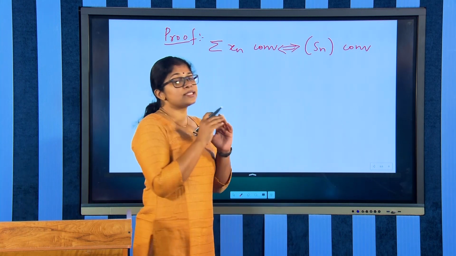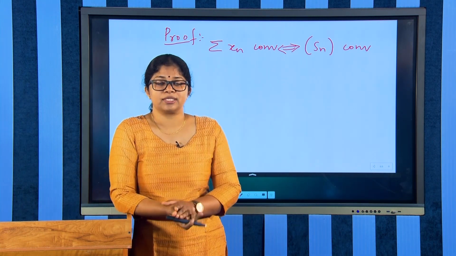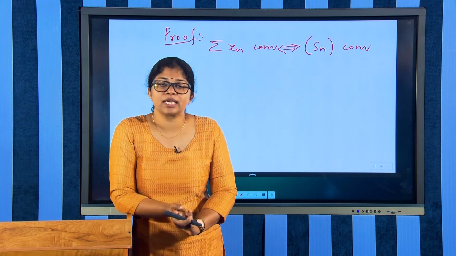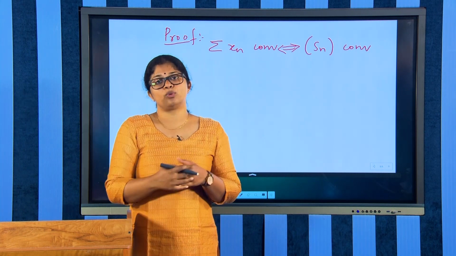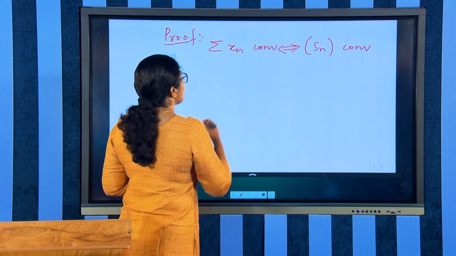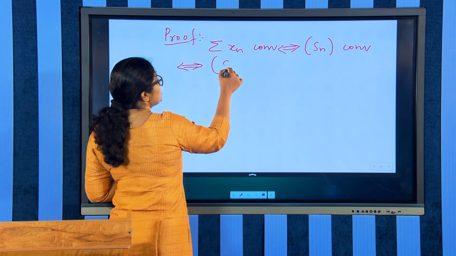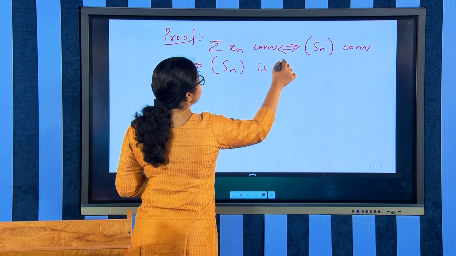And where does the sequence Sn belong to? The sequence Sn is a sequence of real numbers. So, a sequence of real numbers converges if and only if it is Cauchy. We have established that result in sequences in the Cauchy criterion. So, that is if and only if the sequence Sn is Cauchy.